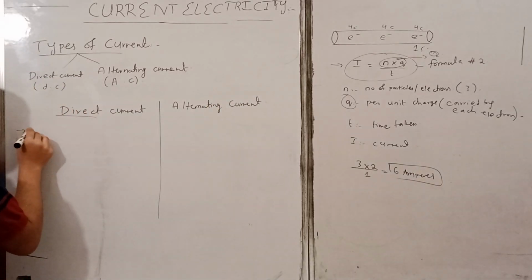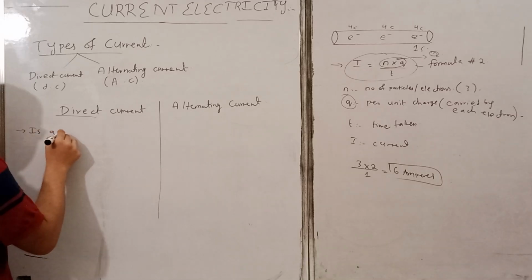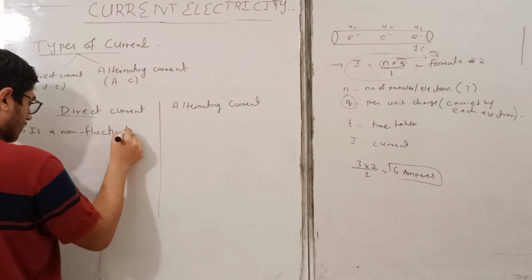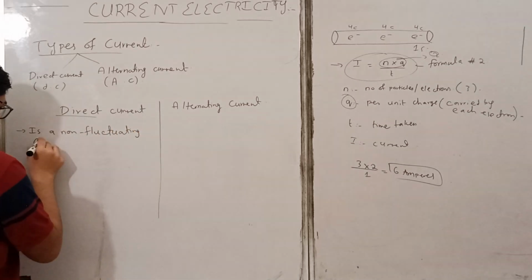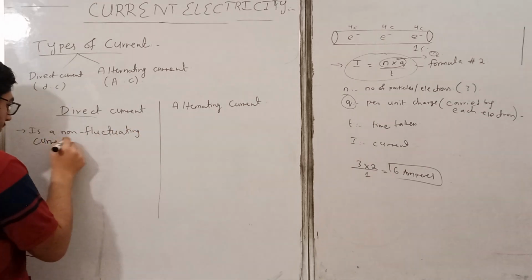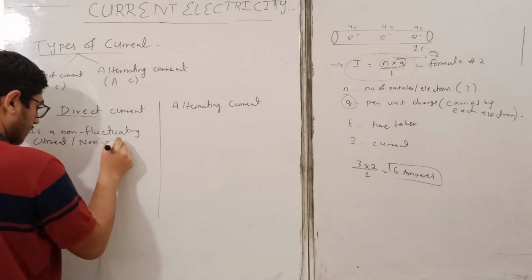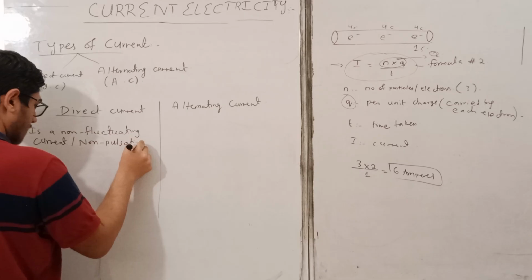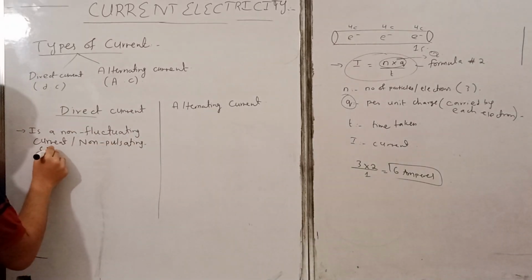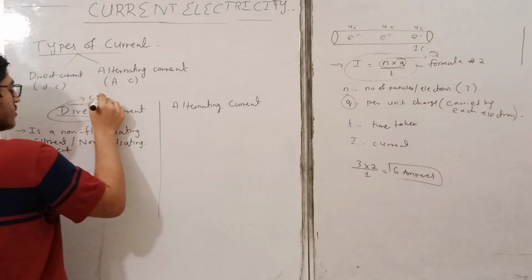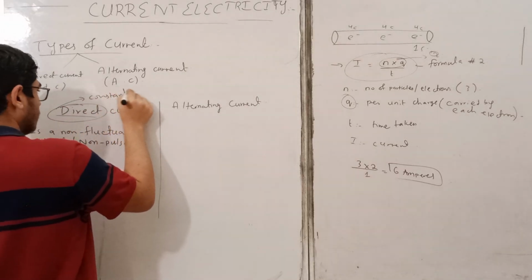direct current is a non-fluctuating current, or in other words, you can say it is a non-pulsating current. This means it gives a constant power output.